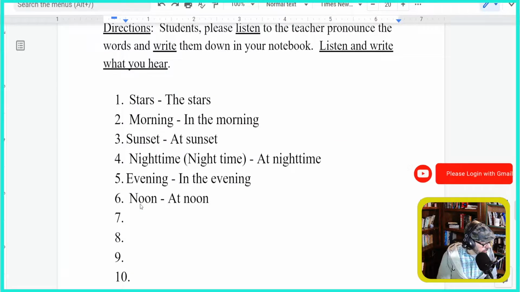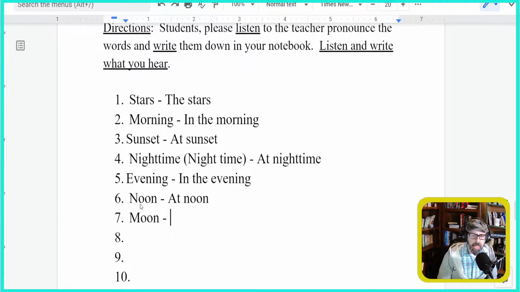Okay, 7. 6 was noon. 7, moon. Okay, and what did we say? Extra vocabulary, the moon. Okay, so we had that article, the. Okay. Number 8.